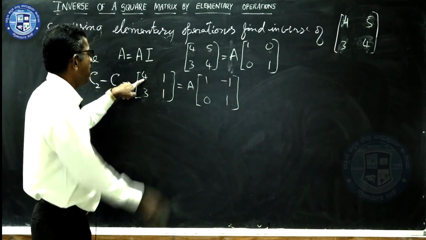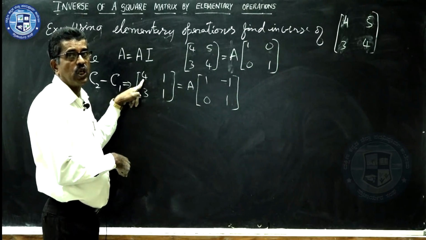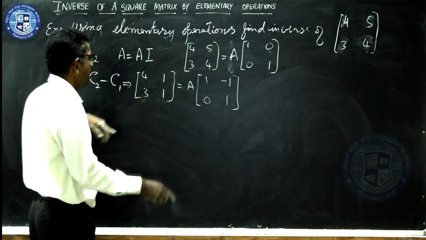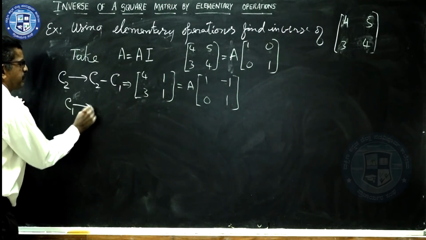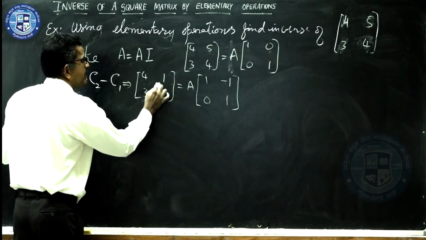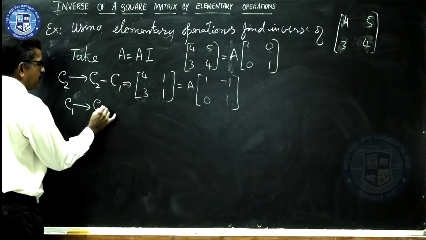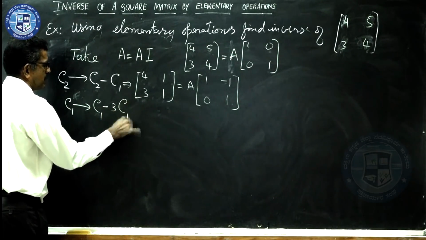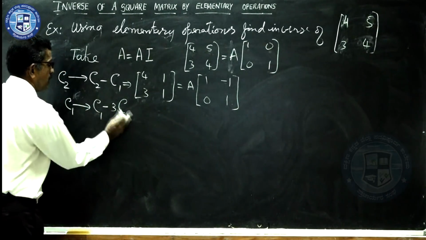Now we have to make this one an identity matrix. In order to make this an identity matrix, I need to take the first column C1, subtracted with 3 times C2.